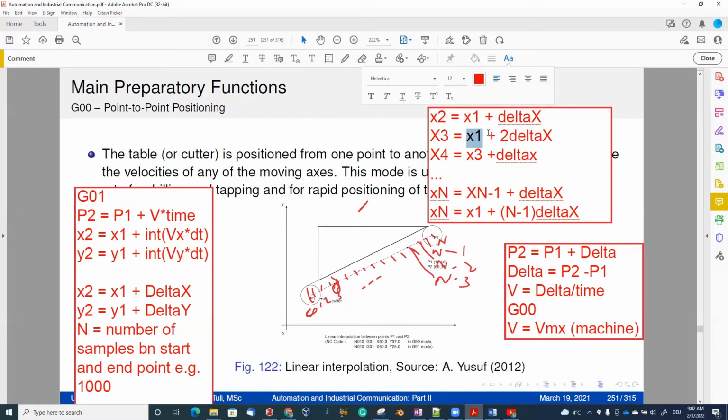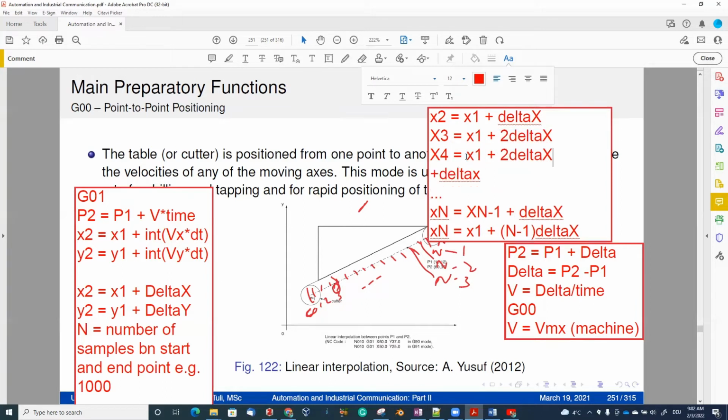Now I will copy this one and paste it here. Now it is 3 delta x. So xn equals x1 plus, if this is x1, then this is n minus 1. So this is generic.